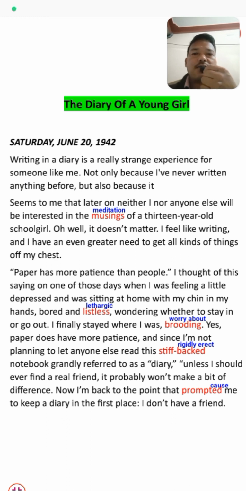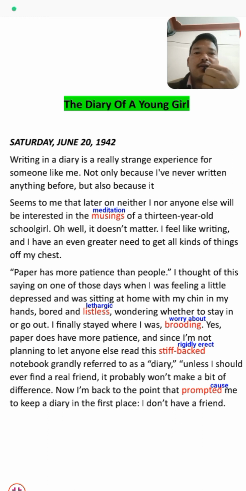Writing in a diary is really strange experience for someone like me, not only because I have never written anything before, but also because it seems to me that later on neither I nor anyone else will be interested in the musings of 13-year-old schoolgirl. Yes, students, writing is really a strange thing.